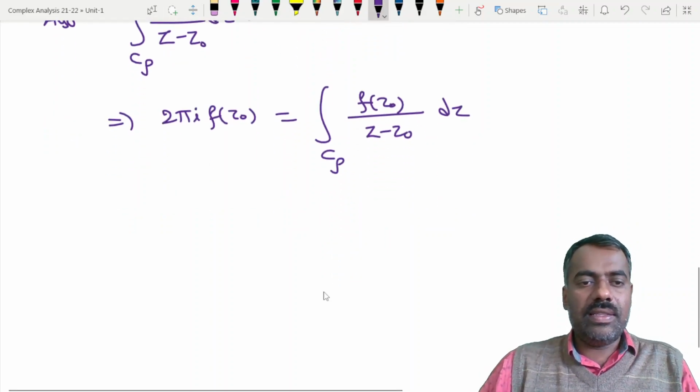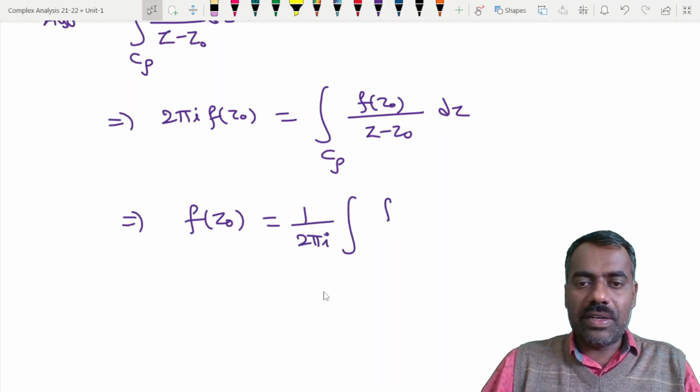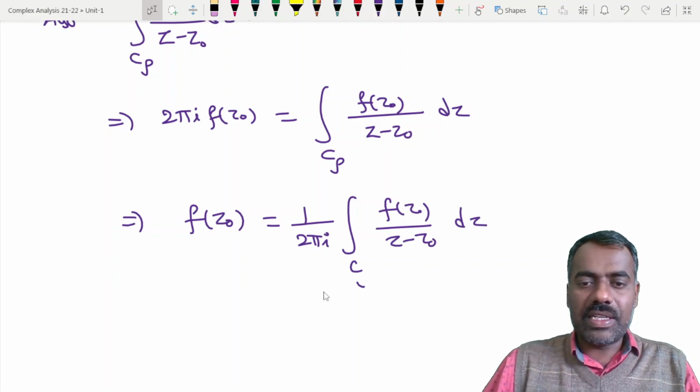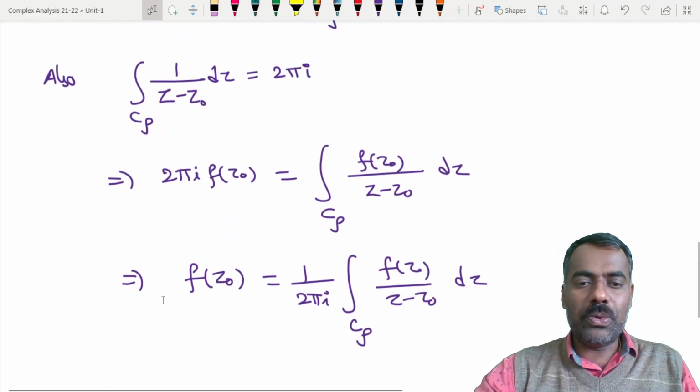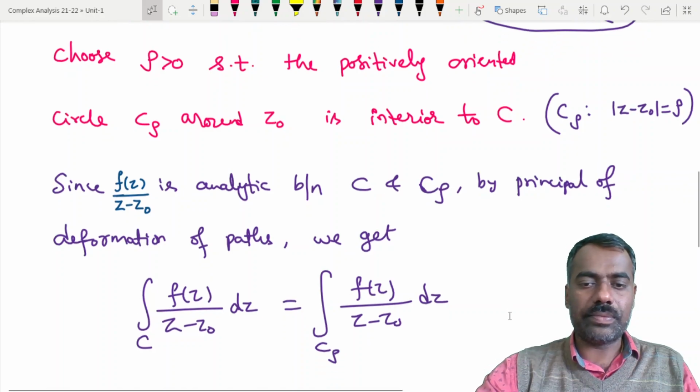Or this is the same as f of z naught equals 1 by 2 pi I times the integration of f of z naught upon z minus z naught dz over c. Remember, we have to prove that f of z naught is 1 by 2 pi I times the integration of f of z upon z minus z naught over c. So we are only up to here.